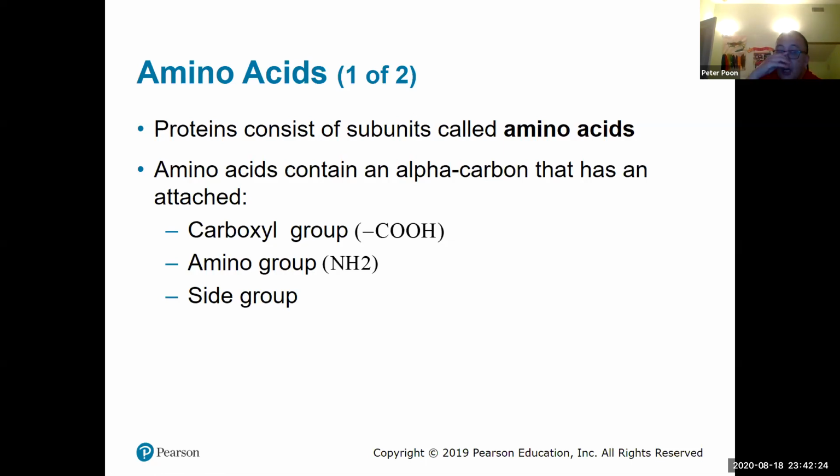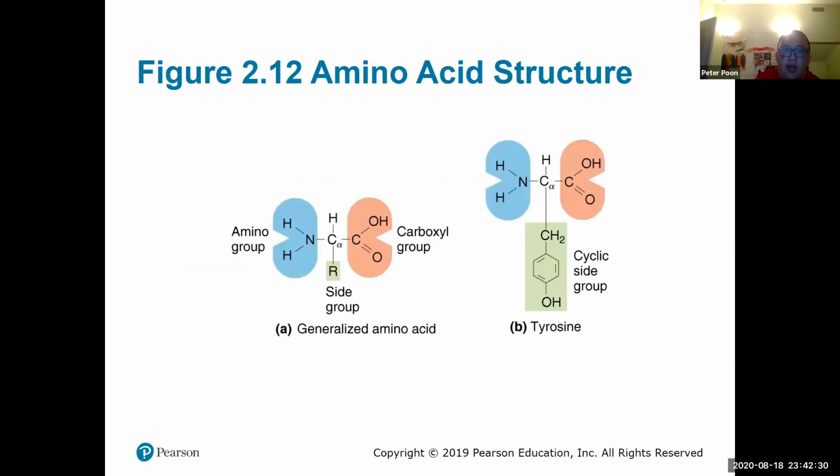Amino acids have a carboxyl group, an amino group, and a side group. There is always a carbon in the center. The name for that carbon is called the alpha carbon. On one side you have an amino group, on the other side you have a carboxyl group, and then you have a side group.